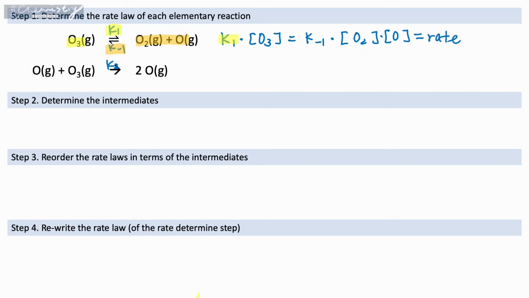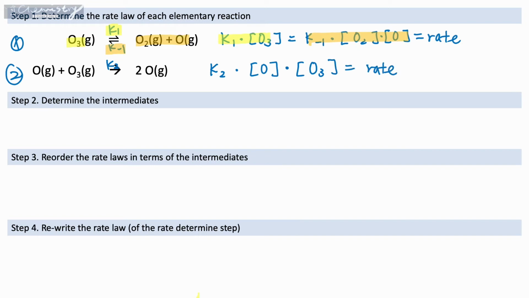We can see the reactants and the products. This is reaction 1 and this is reaction 2. For the second reaction, we can see that there is no inverse reaction, so it's not at equilibrium. So it's just K2 multiplied by the concentration of O multiplied by the concentration of ozone is equal to the rate.